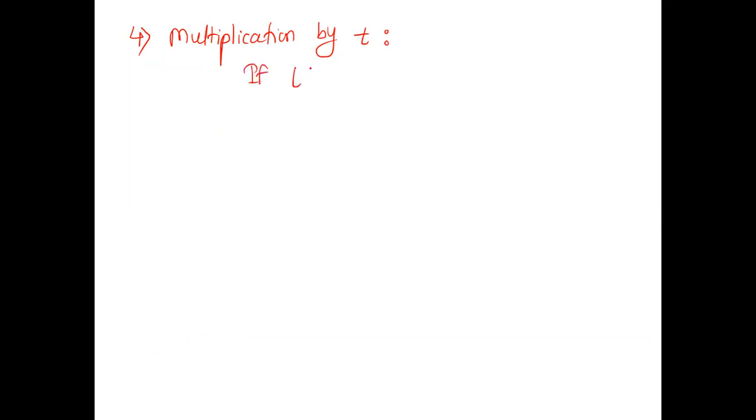If Laplace transform of f of t is say f of s, then Laplace transform of t raised to n into f of t. A power of t is okay, like t square, t cube, t raised to 4.